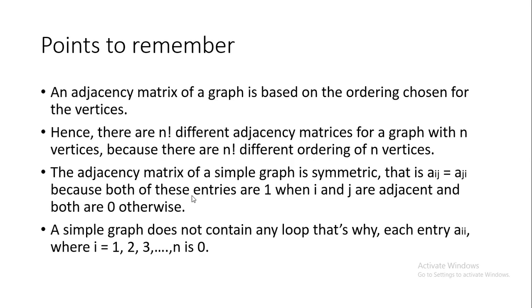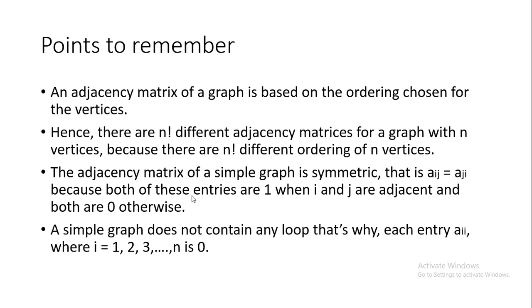The adjacency matrix of a simple graph is symmetric. Now what is meant by symmetric? Symmetric means Aij is equal to Aji. Suppose there are two vertices i and j in the graph. If there is an edge between i and j, then definitely there is an edge between j and i.